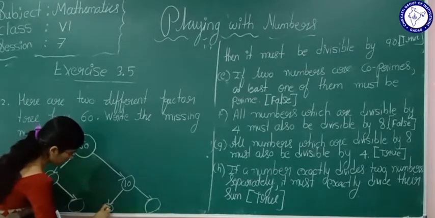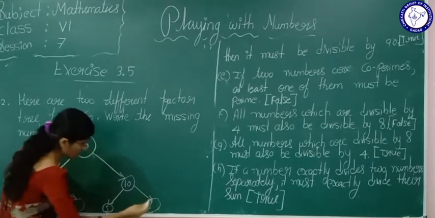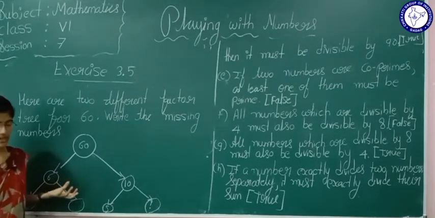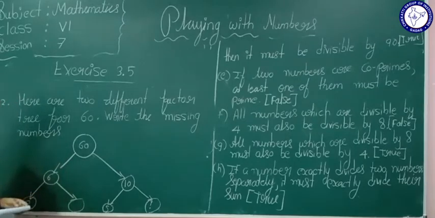And this is the question. Now see here, here are two different factor trees for 60. Write the missing numbers. Now I have taken only the first one; the second one you have to solve.